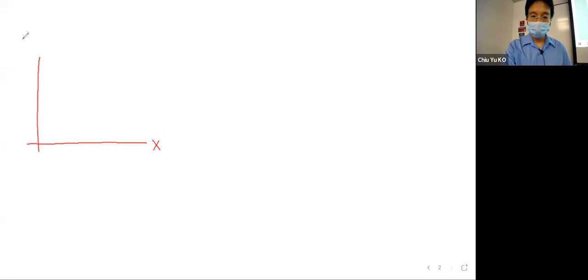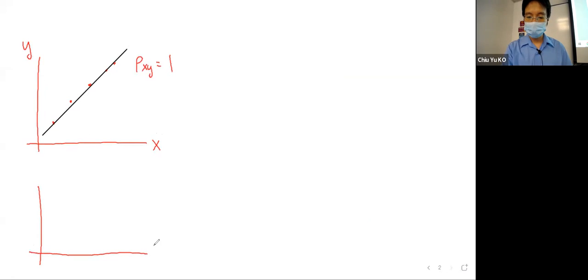So X and Y. If all the data points are on a straight line, then we will calculate rho XY as exactly 1. If all the data points are on a straight line, in that case, rho XY is -1.